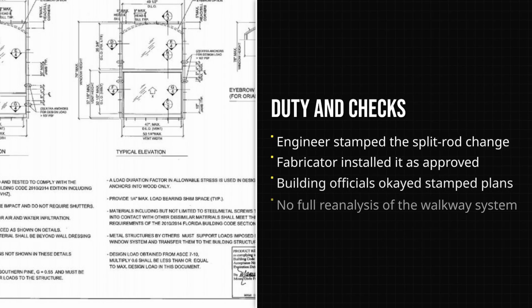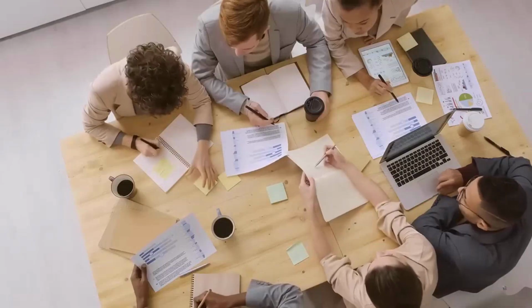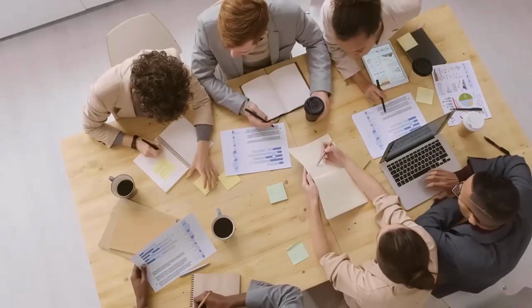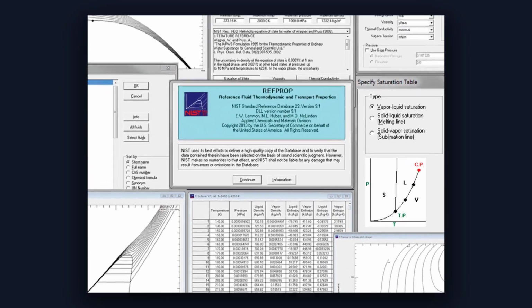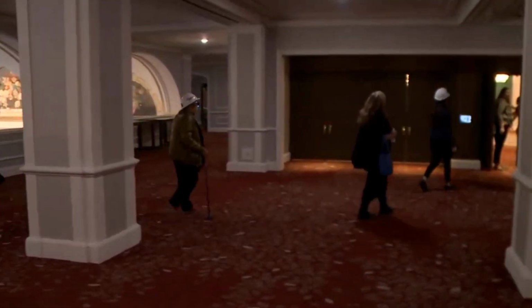The engineer of record approved the revised shop drawings, the fabricator implemented the new detail, and the building department relied on the stamped documents. Each party assumed the change was minor, and that the numbers still worked. But the workflow broke down where it mattered most, in verifying how forces would actually move through the altered structure. The duty to question, to recalculate, and to ensure safety at the system level was shared, yet it was missed by all.